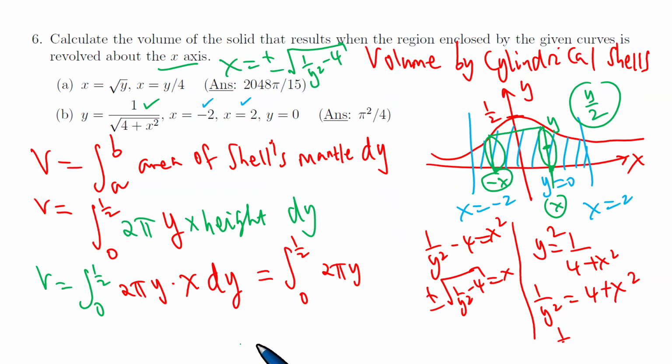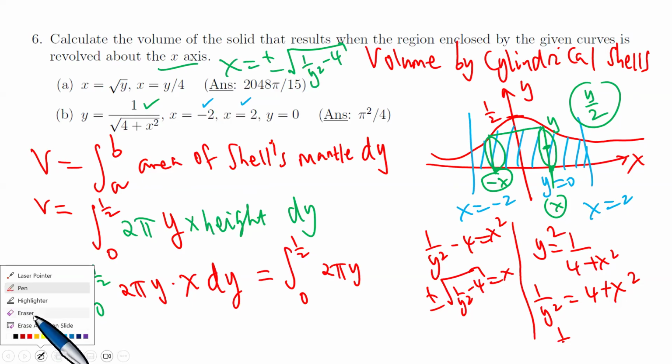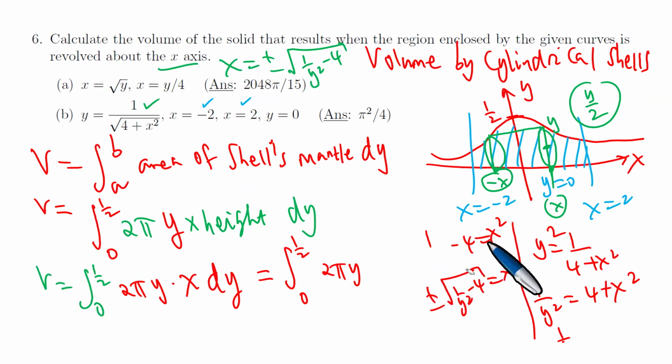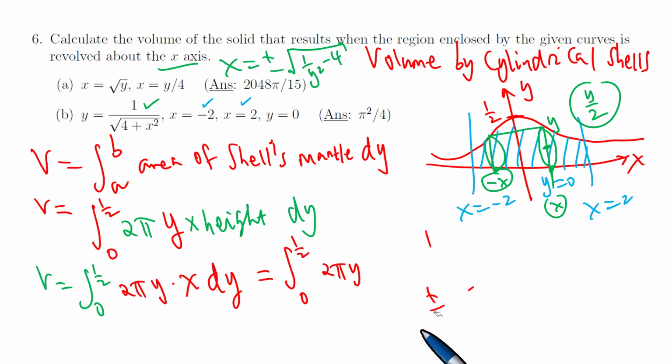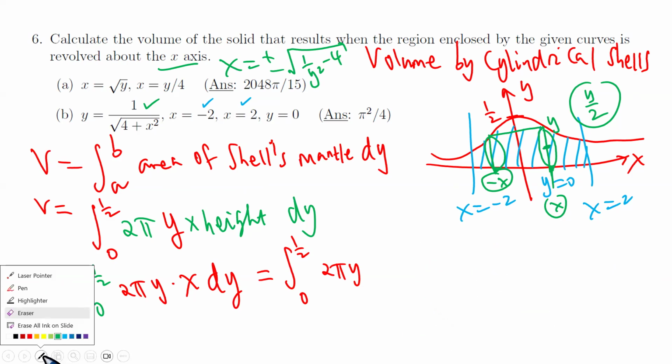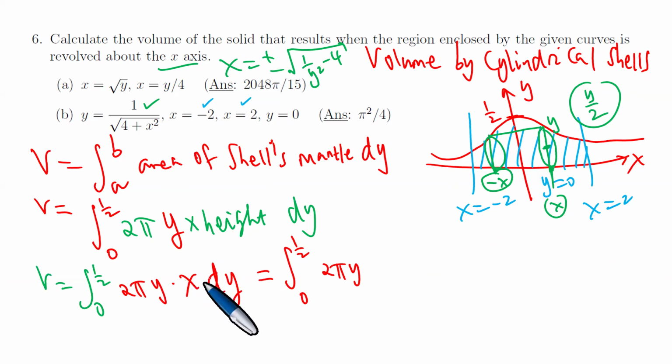So now, if this is the case, let us remove this rough work. We're just making x the subject for the height. Right, so we're good. Okay, let's continue, please. We have 2 pi y, then what is x? X is this one.